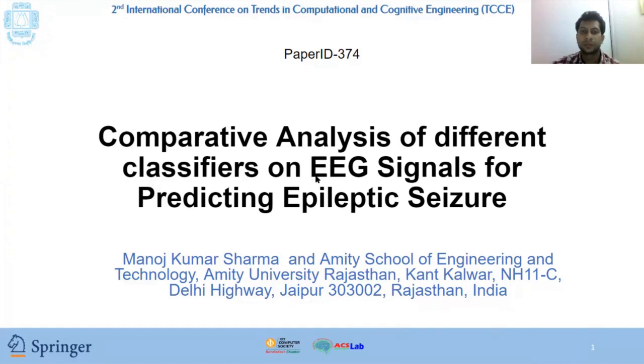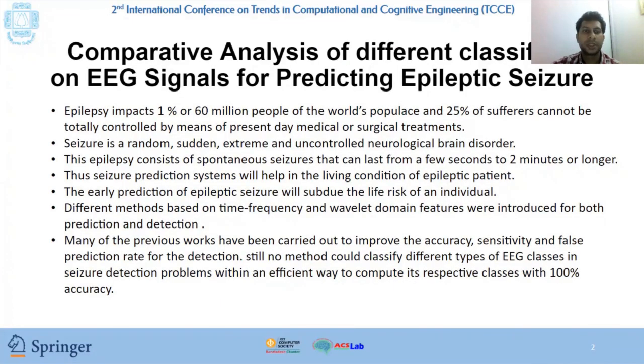Today I want to discuss the comparative analysis done for different classifiers on EEG signals for predicting epileptic seizure. Epilepsy impacts 1% of the world's population, that means 16 million people suffer, and it cannot be totally controlled by present-day medical or surgical treatment.